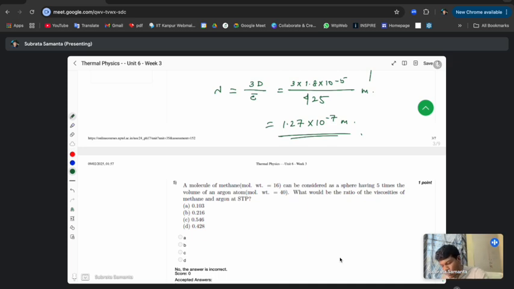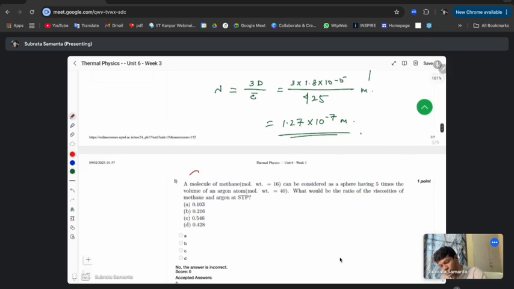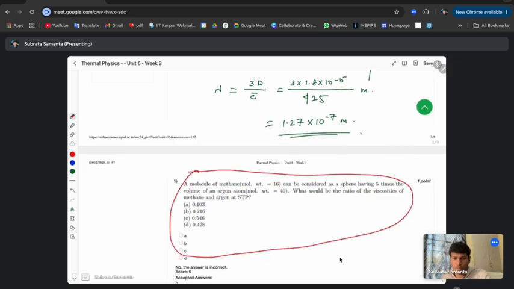Okay, so the next question is basically: a molecule of methane, where the molecular weight is given as 16, can be considered as a sphere having 5 times the volume of an argon atom. So one is methane.